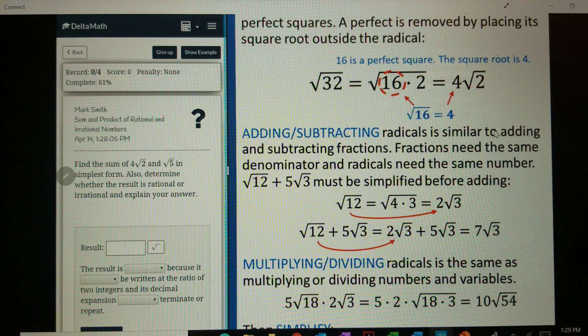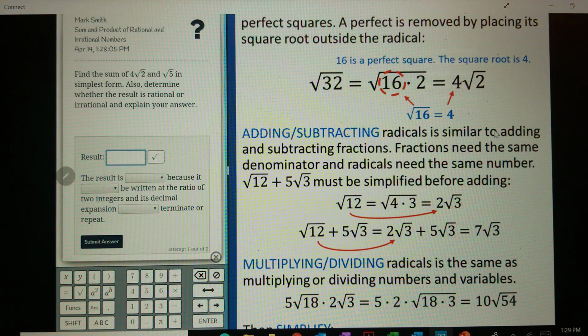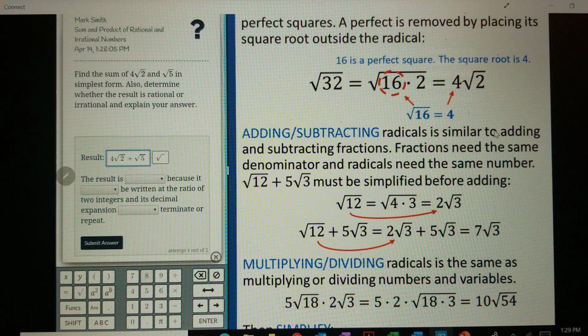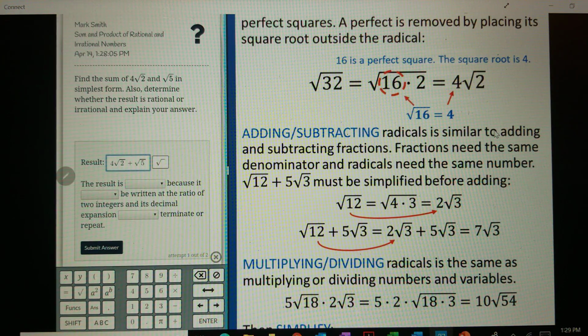There's no perfect square in there. So our answer is going to be the sum, which is adding. So we're going to have 4√2, sum, that's plus the square root of 5. Okay, so that's our answer for that part of it.